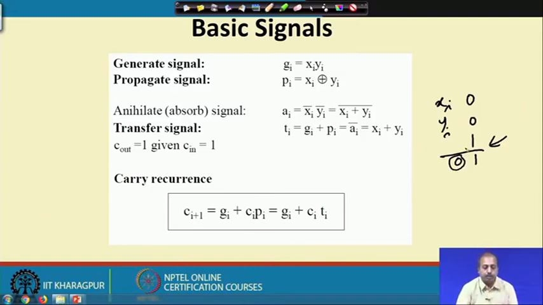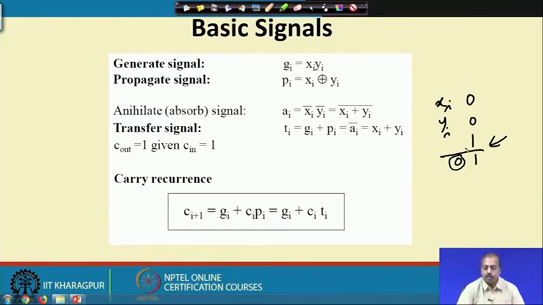So, that is the absorb signal ai, which is the NOR of xi and yi, and there is a transfer signal which is gi or pi. It will be transferred if the carry is generated or the carry is propagated.